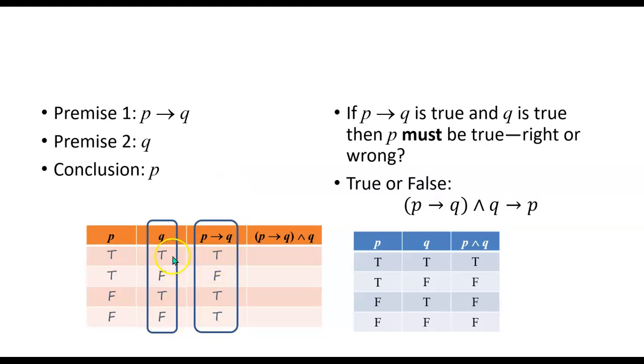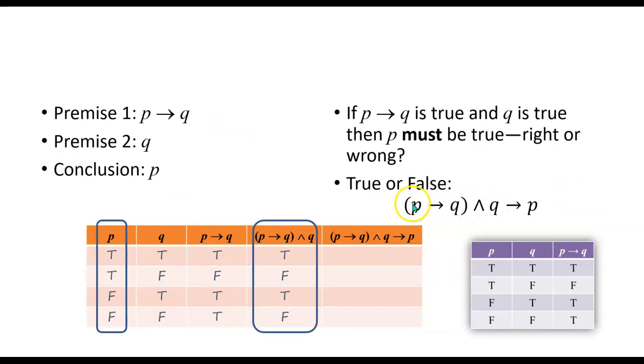So true and true equals true. False and false equals false. True and true equals true. True and false equals false. Remember, for the conjunction to be true, both parts have to be true. The first thing and the second thing.